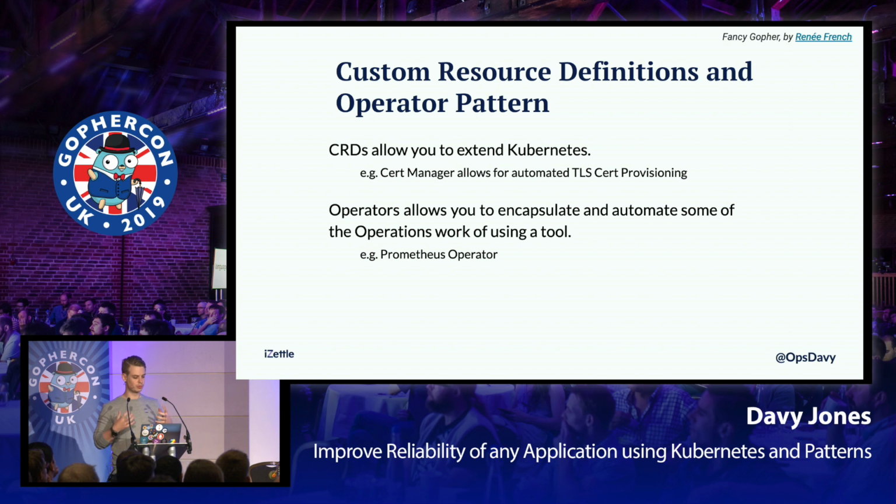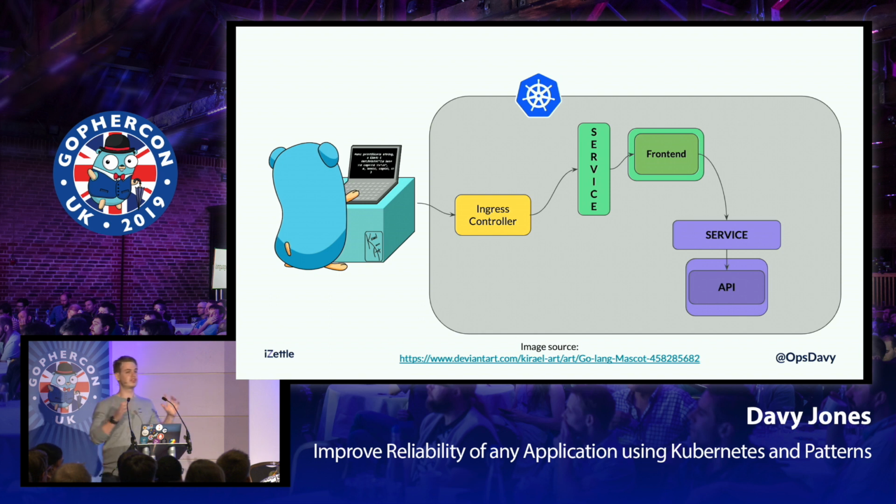And then we can also wrap up, so what CoreOS defined as the operator pattern, which allows us to take the operational requirements for a service and wrap that up within an API so that we can automate stuff. The Prometheus operator is an example of that, which allows quite easy configuration of Prometheus using APIs.